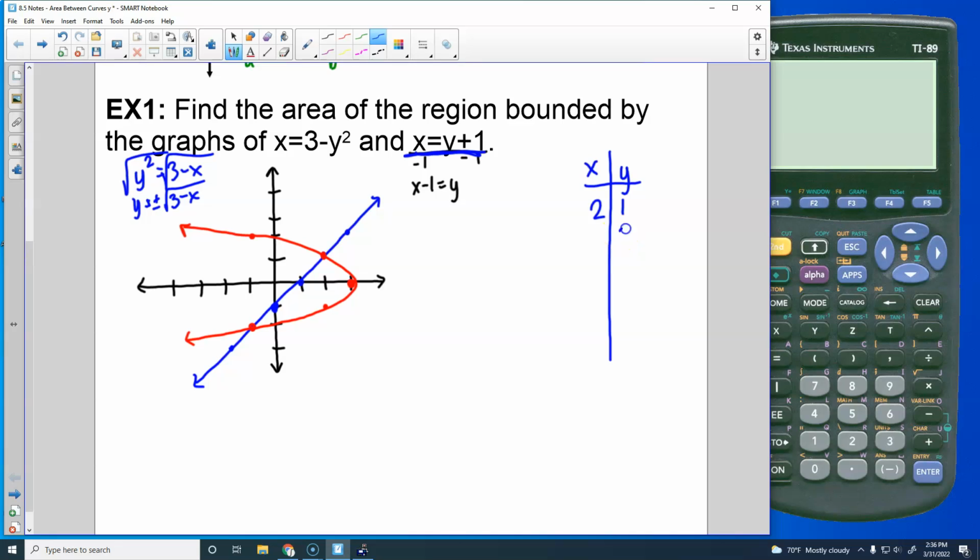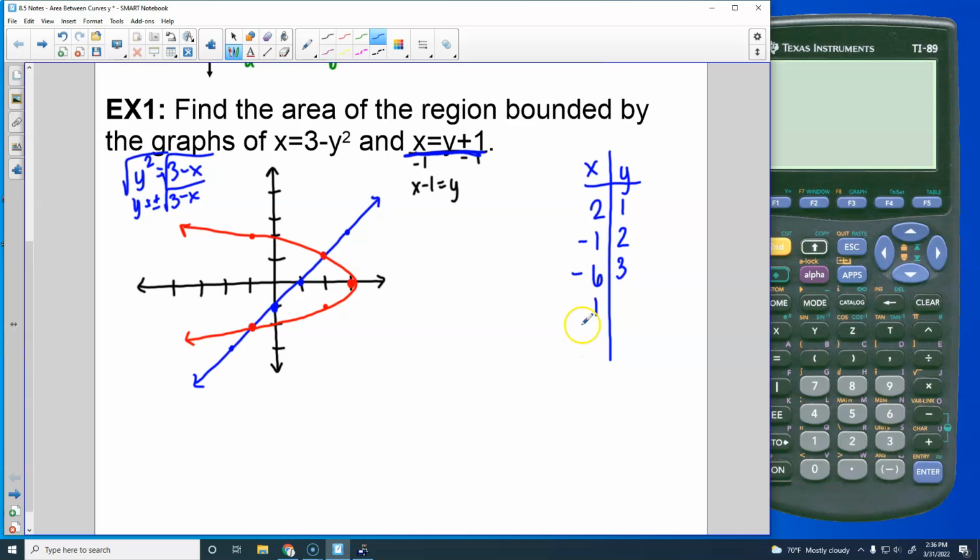If you plug in 2 for your y, 3 minus 2 squared is negative 1. 3 minus 3 squared would be negative 6. We really don't want 3, actually. That's going in the wrong direction, because remember, you're plugging in y values. So you would want to plug in 1.